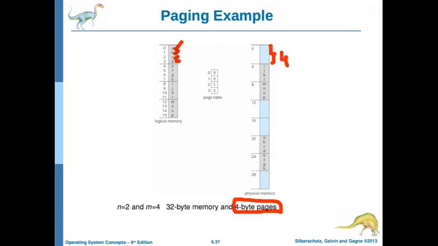Similarly, the size of a page is also 4 bytes. And a total of 32 bytes of memory is there. A very, very small number, but for simplicity, we say it is 32-byte memory. Now, the meaning of this is very simple. If it is 32-byte memory, how many bits are required to represent this address? How many bits are required?